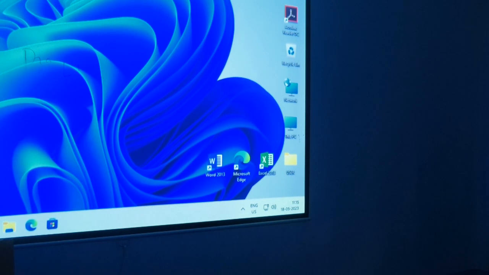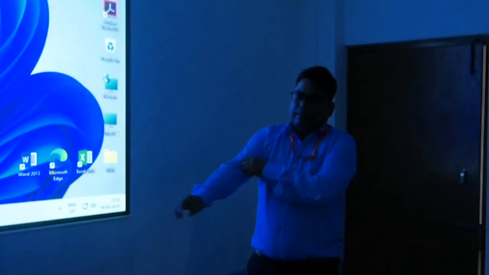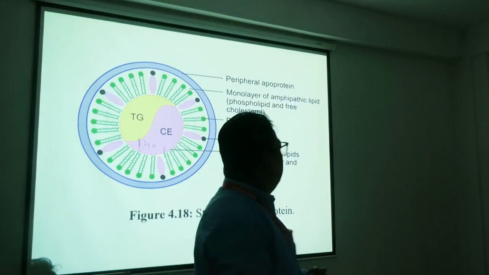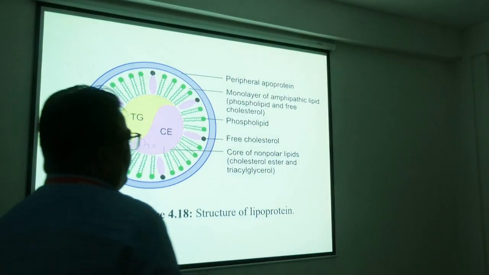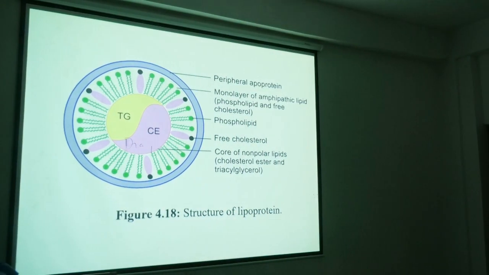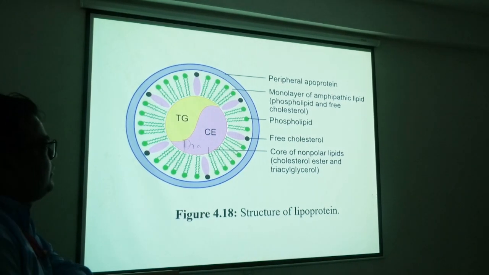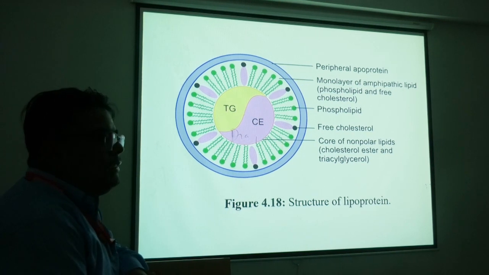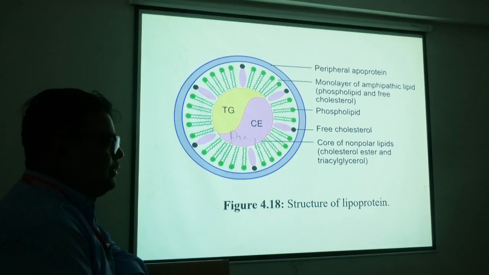Okay, we classify them, but now we see the metabolism. That is very important. We discuss the points one by one. It contains a peripheral monolayer of amphipathic lipids, phospholipids, free cholesterol, cholesterol esters, and triglycerides.